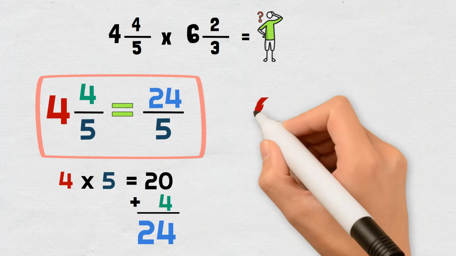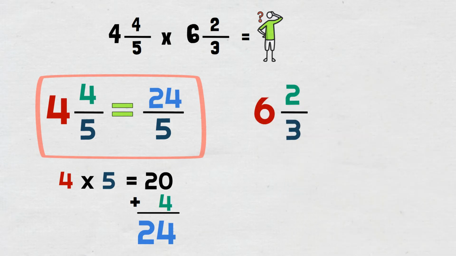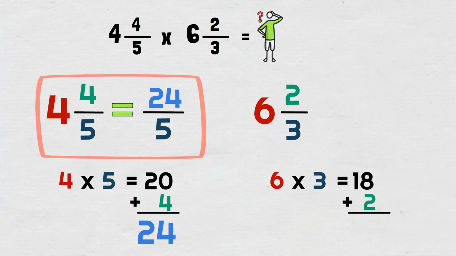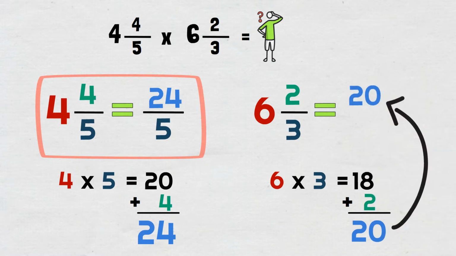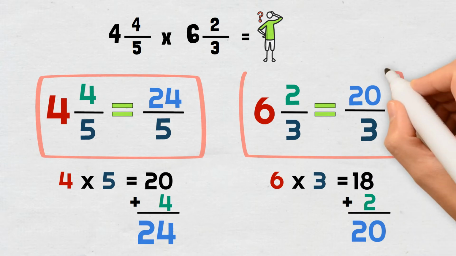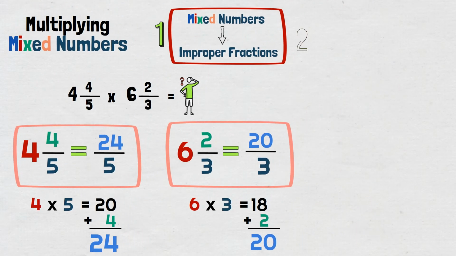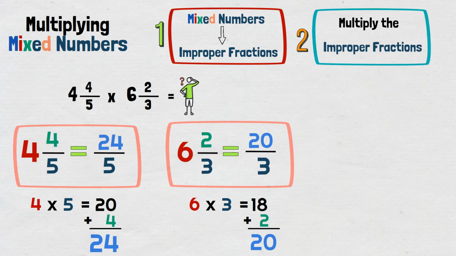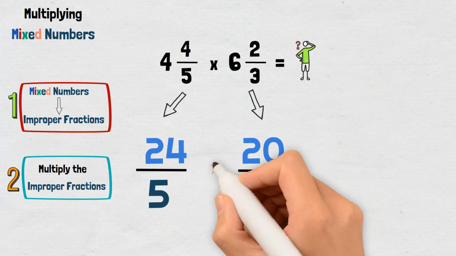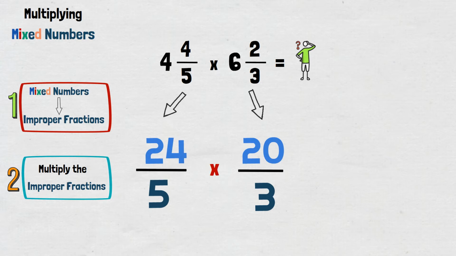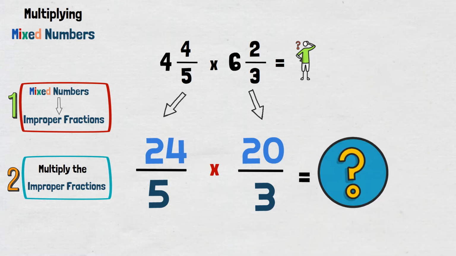Next, we perform the same thing for the second number. 6 multiplied by 3 equals 18. 18 plus 2 equals 20. So 6 2/3 equals 20 over 3. At this point, we can simply multiply the two improper fractions, 24 over 5 multiplied by 20 over 3. Do you remember how to do this?